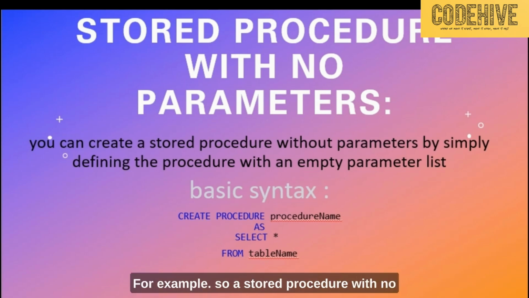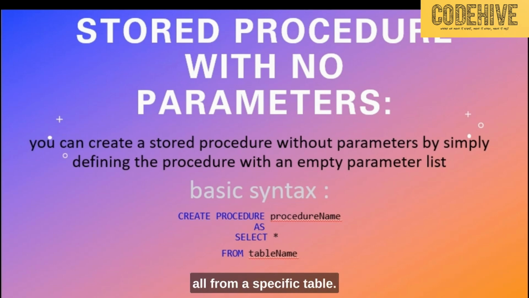So a stored procedure with no parameters, the syntax looks just like that. You create statement and then procedure, and then you name your procedure. The procedure name as select all from a specific table. So basically this is the theory on the first one, the procedure with no parameters.